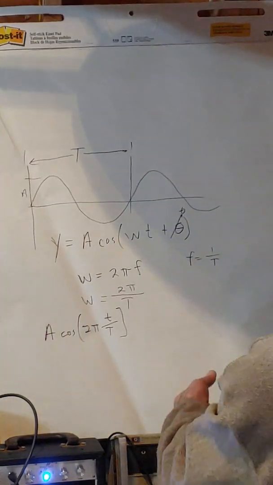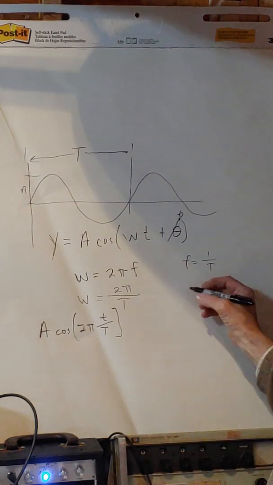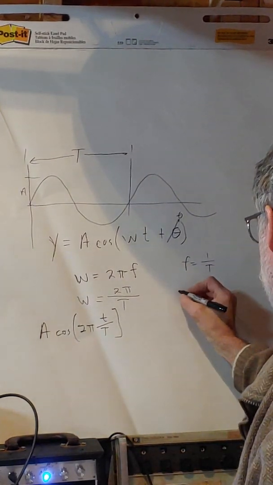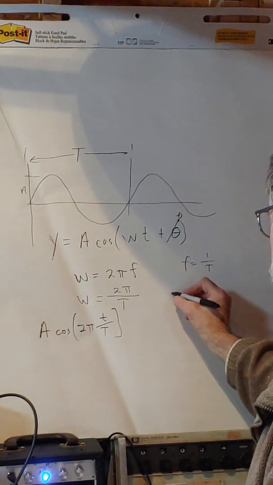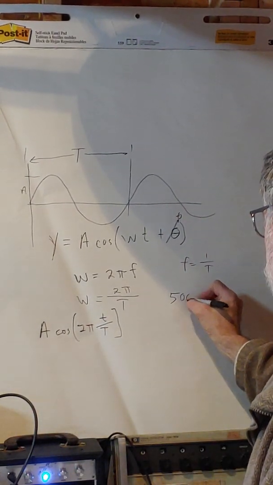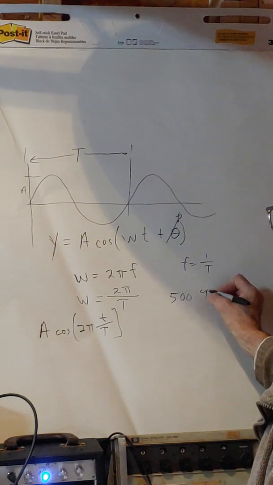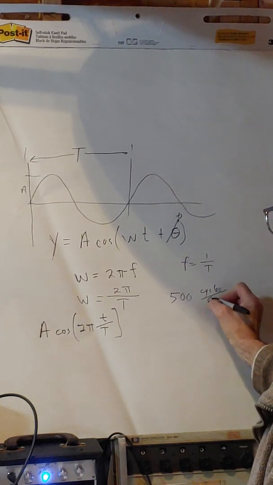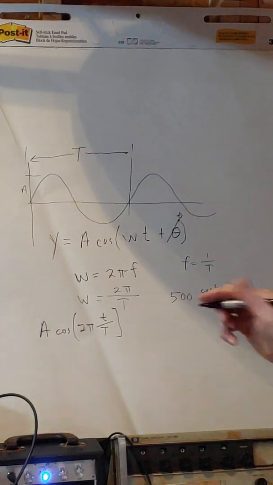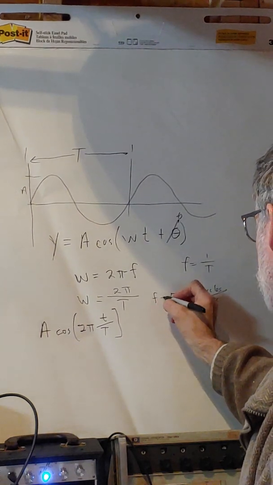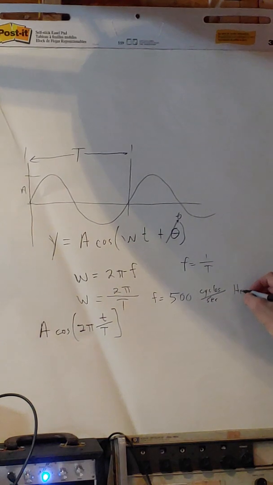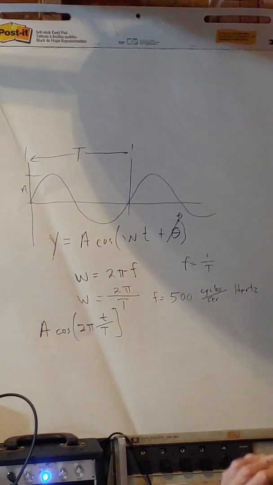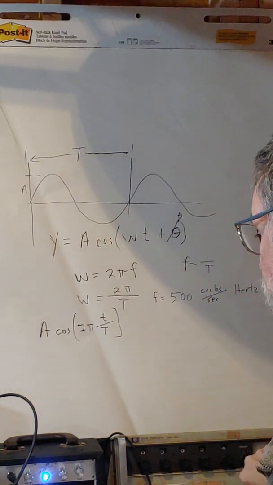As an example, let's say the frequency right now is almost 500, 499. Let's say 500 cycles per second. Okay, so that's the frequency. That's the same thing as hertz. So let me turn this down.